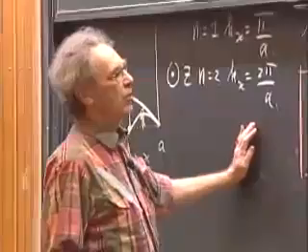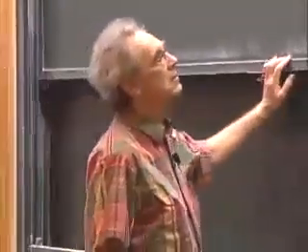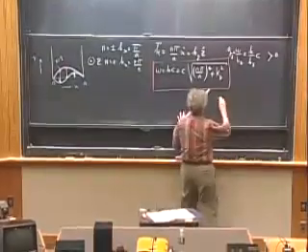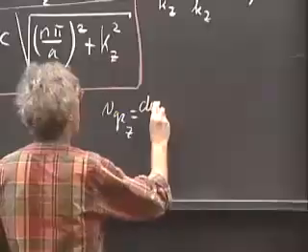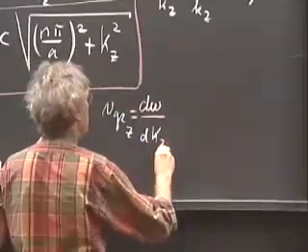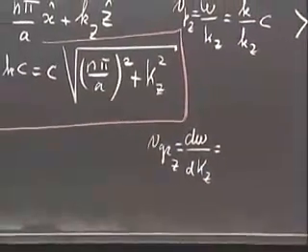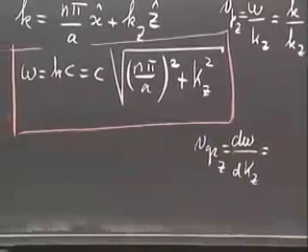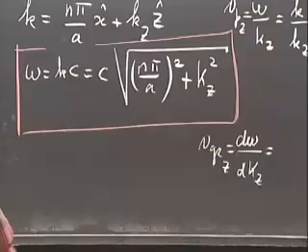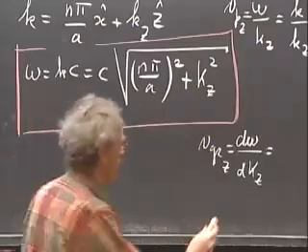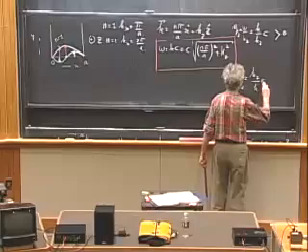So now you can also calculate what the group velocity is. So the group velocity in the z direction is d omega dkz. And since you have this term here, you should be able to do that. That's an 18.01 problem. You take d omega dkz, and you will find now that that becomes, and I will leave you with that, that becomes kz divided by k times c.